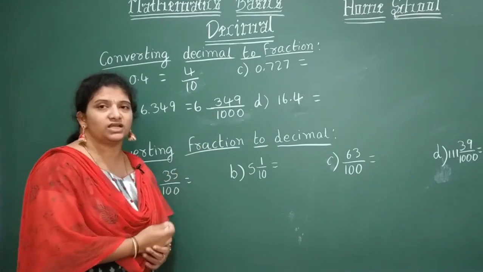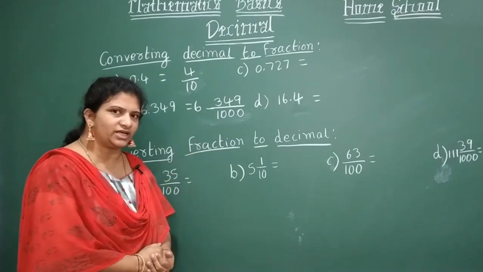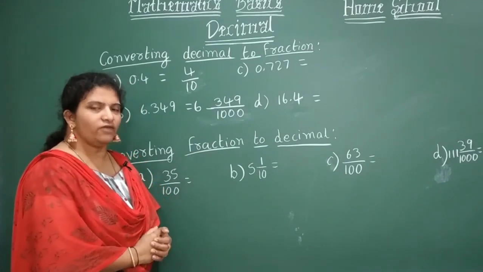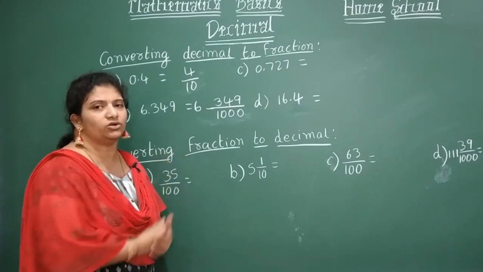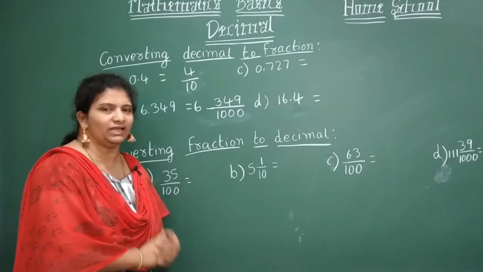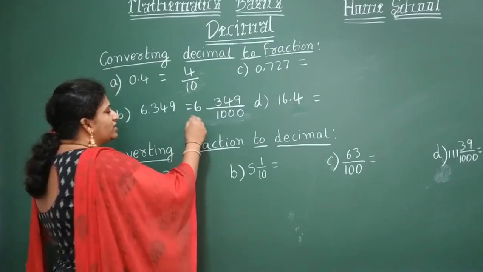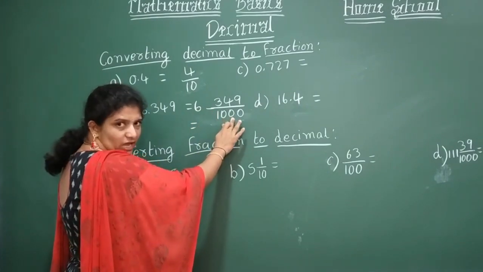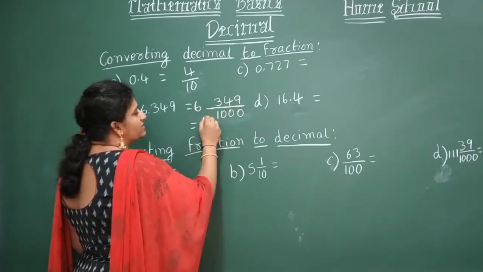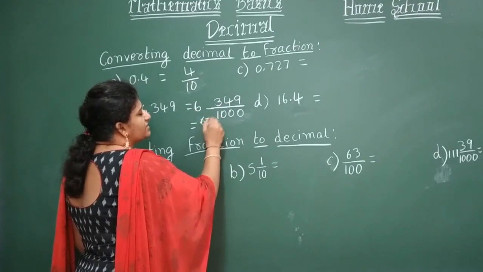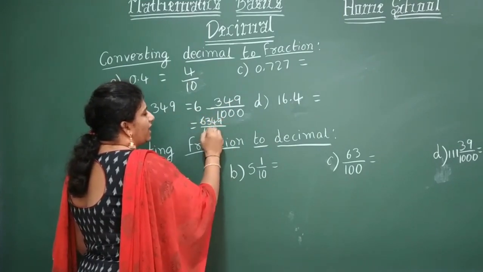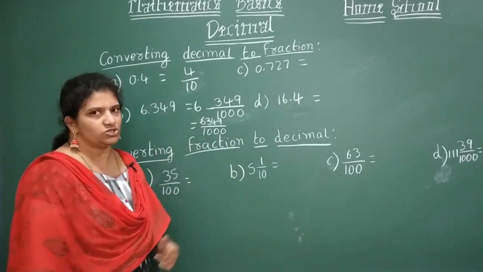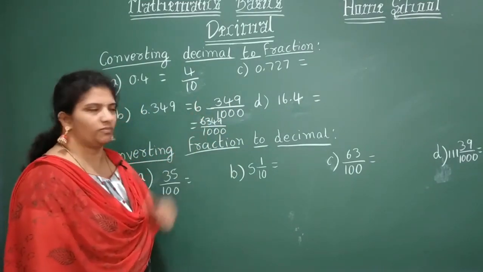So observe here, children, which type of fraction is it? It is a mixed fraction, right? So if you want to convert into an improper fraction, you can convert. How do you convert here, children? 6 into 1000 is 6,000. 6,000 plus 349 will be 6349 by 1000. You can rewrite like this also, or you can stop like this.